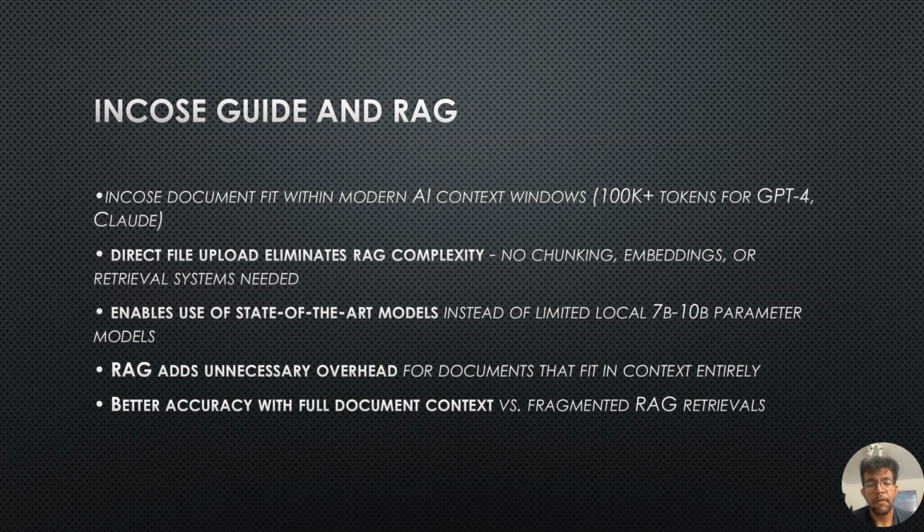It would be a better way to approach this problem instead of RAG, because RAG is a semantic search. It would try to fetch fragmented documents, right? But if the document is inside the context window itself, then the entire context of the document is understandable by the AI and not just fragmented chunks of it.